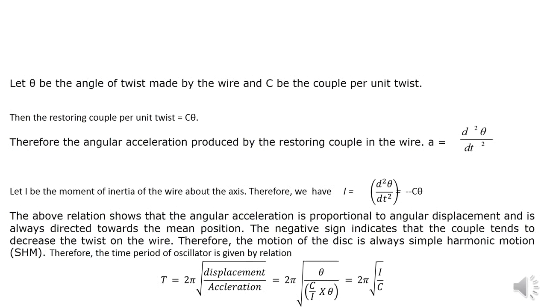Therefore, the motion of the disc is simple harmonic motion, and the time period of oscillation is given by T equal to 2 pi into square root of displacement divided by acceleration. Substituting the values, we get T equal to 2 pi into square root of I by C.